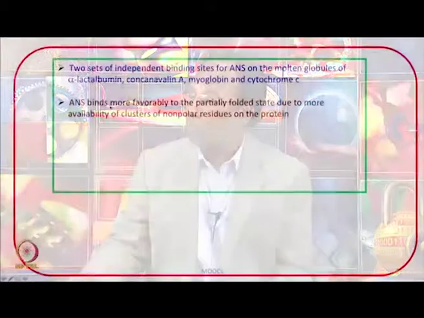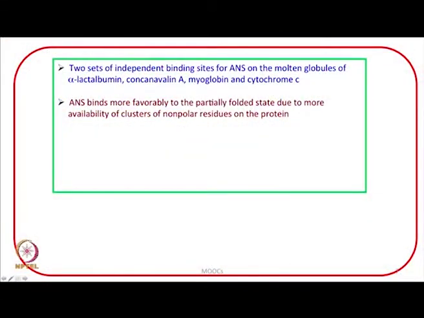The next comment is ANS binds more favorably to the partially folded state due to more availability of clusters of non-polar residues on the protein. And this favorable binding is reflected in the increase in the binding affinity, in a sufficiently high value of binding affinity.